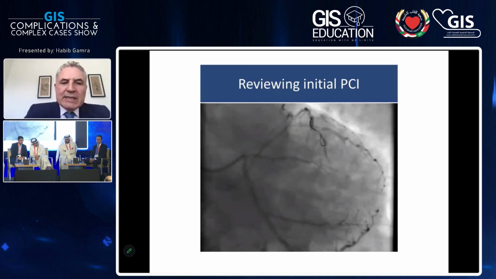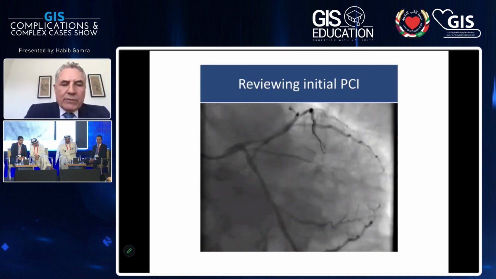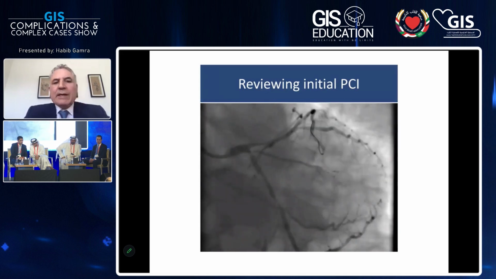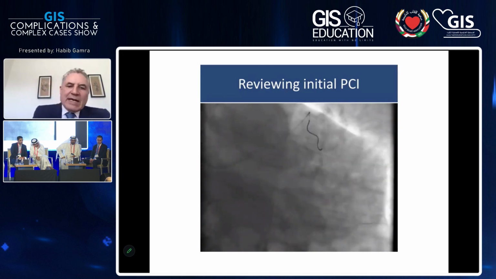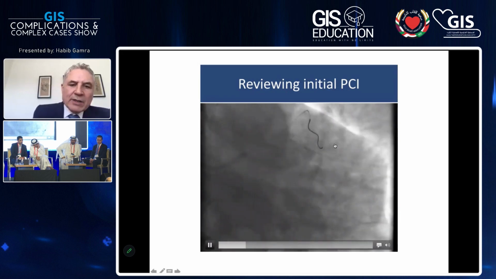This is what you see 2 days later, when we were reviewing the CDs of all patients of the department. And you can see that on that initial PCI, the wire was out of the LAD.